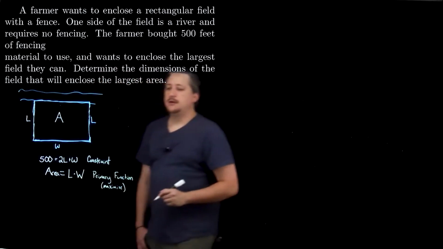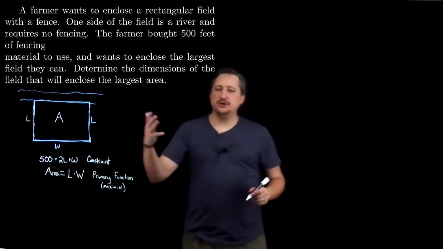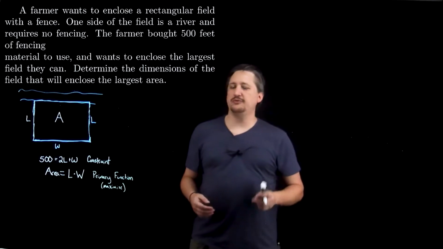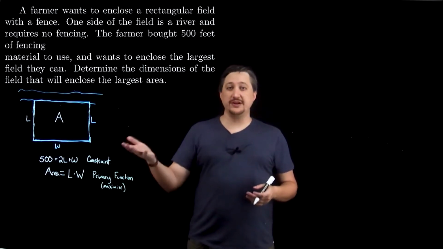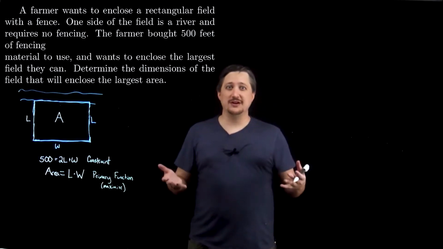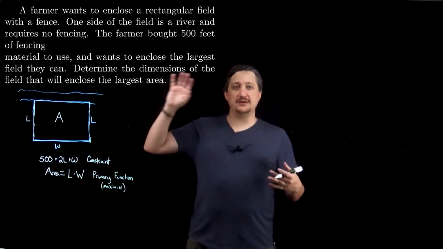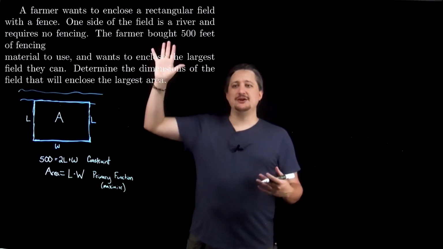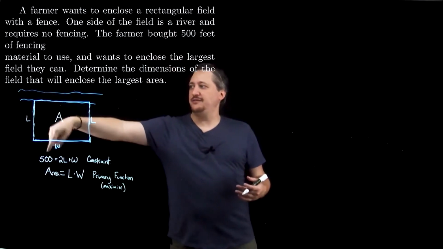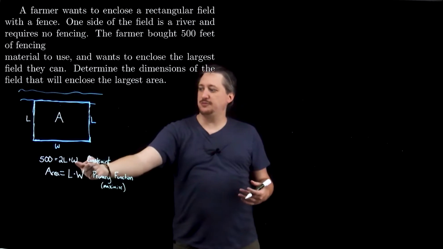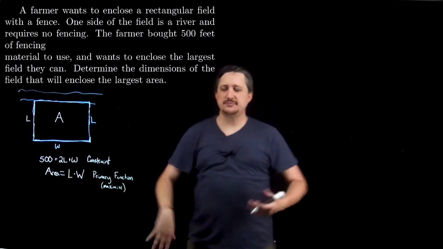Okay. So we've drawn a picture. We've written out the relevant equations that we know. One is the constraint, the thing that's holding us back. But really, before we thought of it as the constraint, we were asking, what do we know? We know he has 500 feet of fencing. So we know that 2L plus W has to be 500.